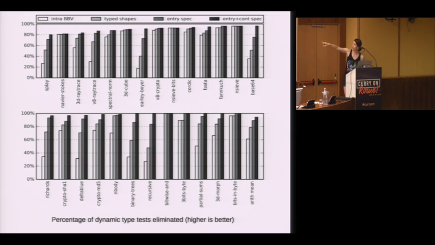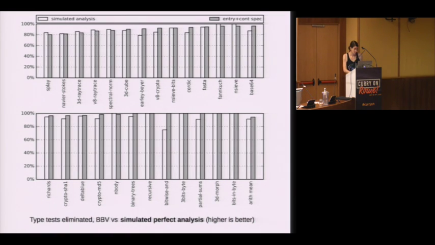So if you look at the middle of the first row, early Boyer is a functional benchmark. It's the largest one in the set, and it's an extremely heavy benchmark. And in this one, we managed to eliminate something like 90% of type checks with all our tricks. And we also perform better on this benchmark, significantly better than the simulated analysis. So I think it does scale fairly well.